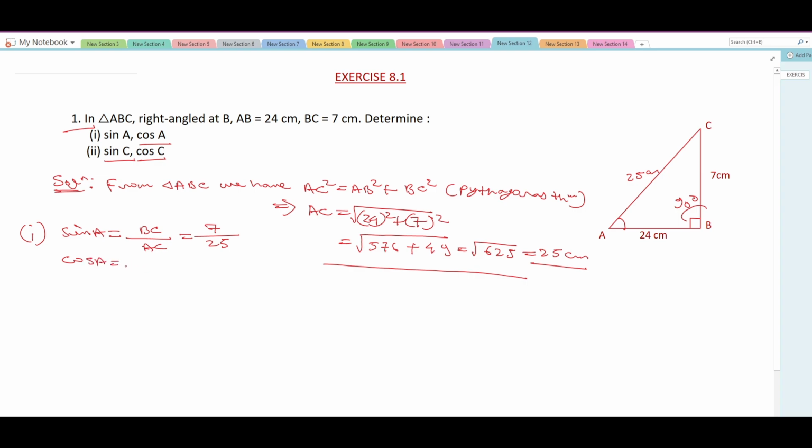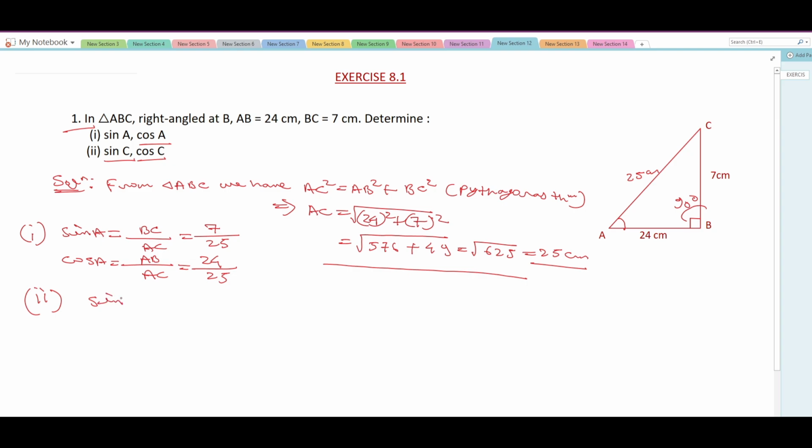Cos A equal to AB by AC, where AB equal to 24 and AC equal to 25.